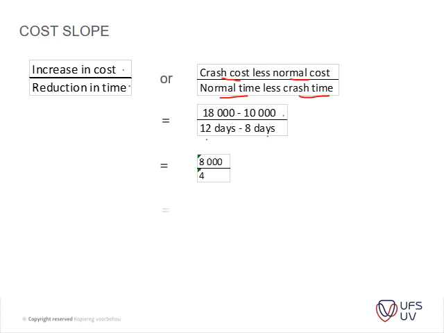That gives you a cost slope of £2,000, or rands if you want. So that's basically just a repetition of what we did in the first slide.